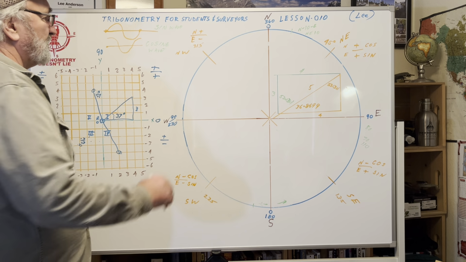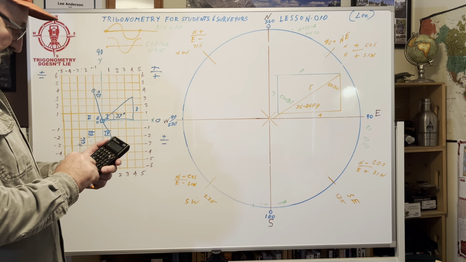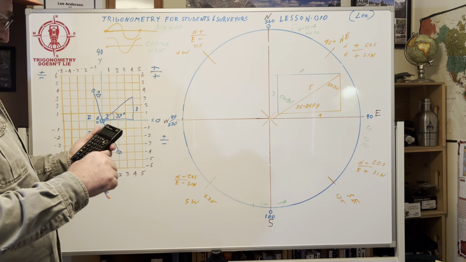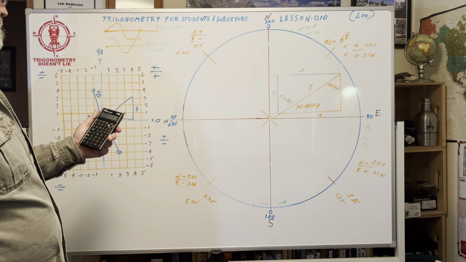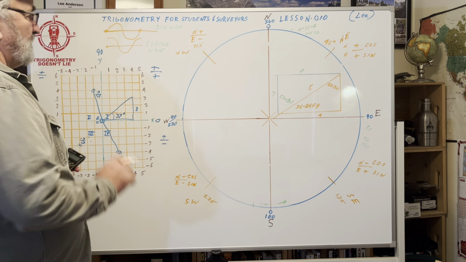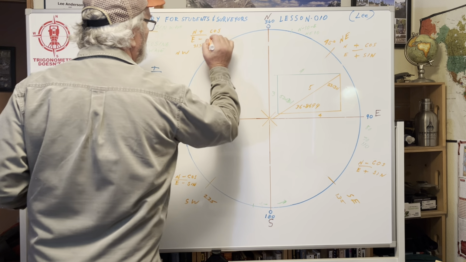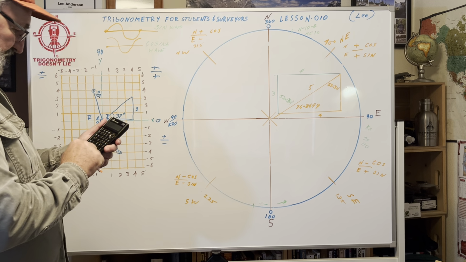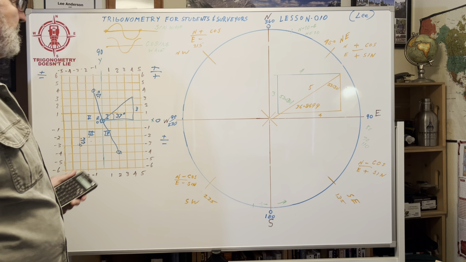Now we're going up to our northwest quadrant. 315 is our azimuth, and we're going to hit cosine. That's a 0.7071, so that's a positive cosine. Then we go back to 315 and hit sine, and that's a negative.